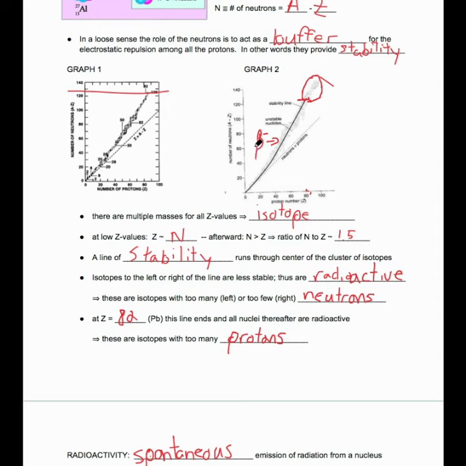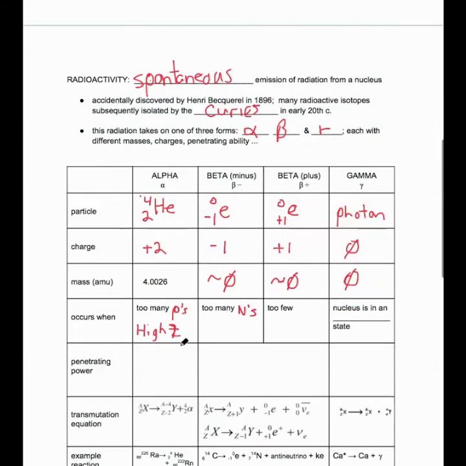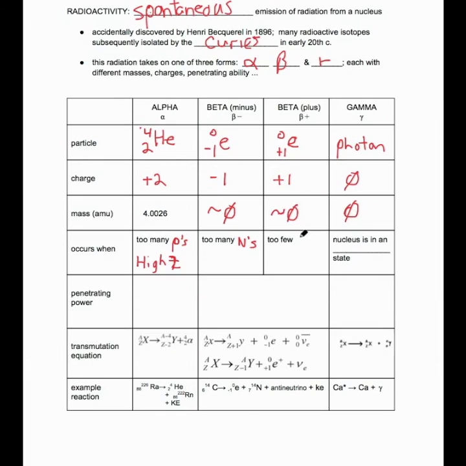Okay, and then those that are below the line or to the right of the line are going to be beta plus emitters. So in other words, these would have too few neutrons. And we'll get some reactions that involve that.